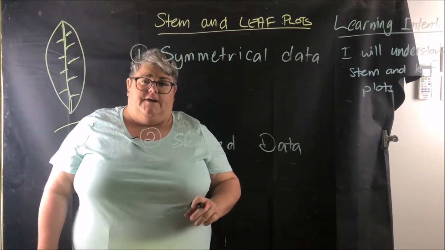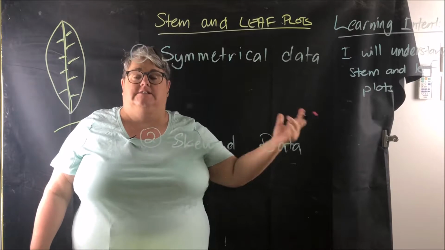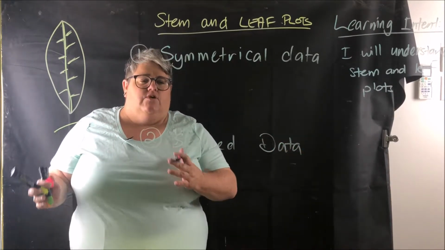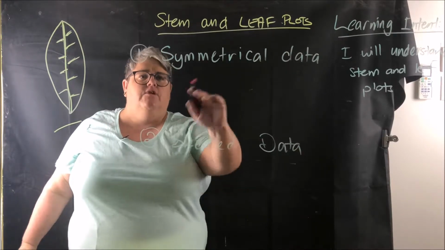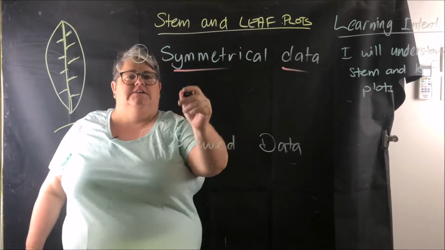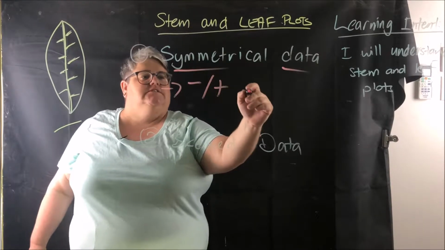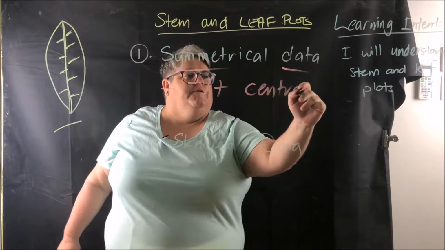When we're talking about data, particularly in this case in stem and leaf plots, we talk about data as being symmetrical or skewed. So symmetrical here basically means, is it more or less centered in the middle?